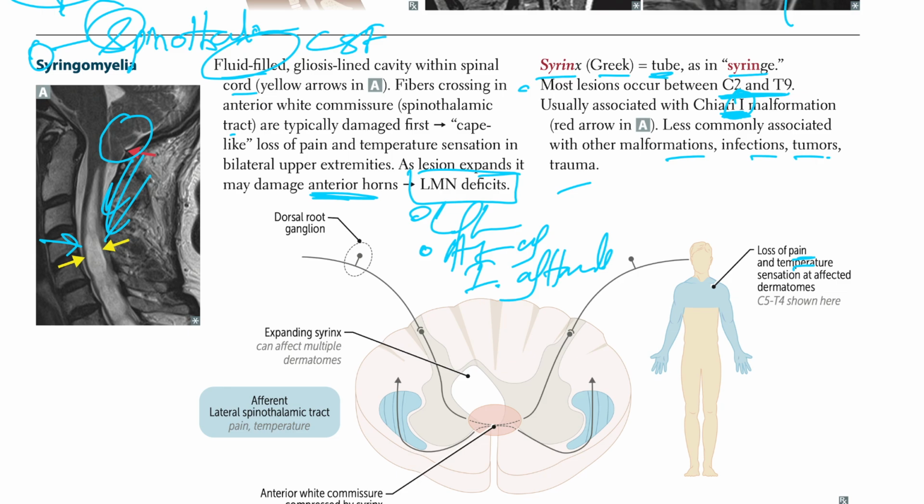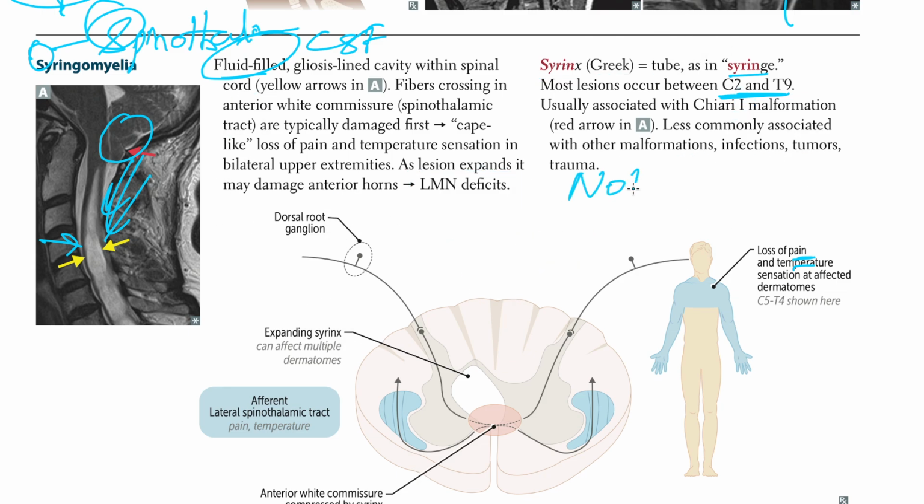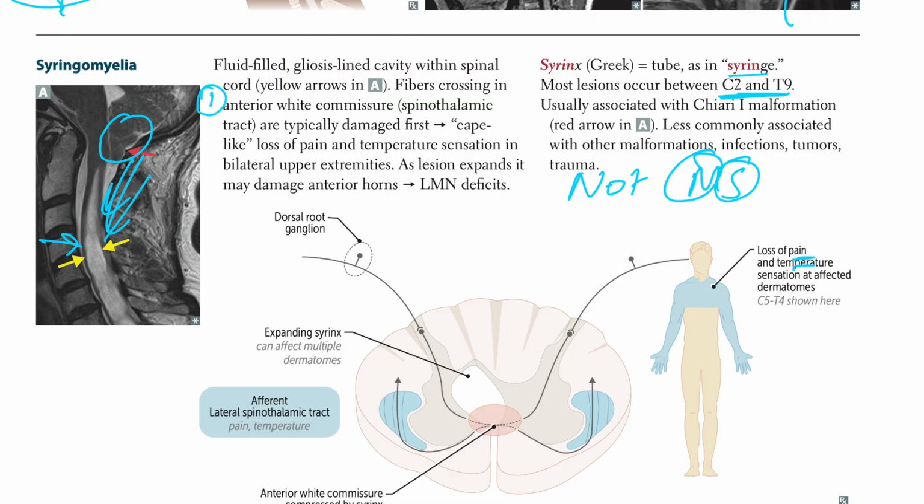One of the high-yield points about Syringomyelia: it is not associated with MS, multiple sclerosis. We just talked about how if it messes up the anterior white commissure, we can have a spinothalamic problem. If it damages the anterior horn, we can have a lower motor neuron deficit.